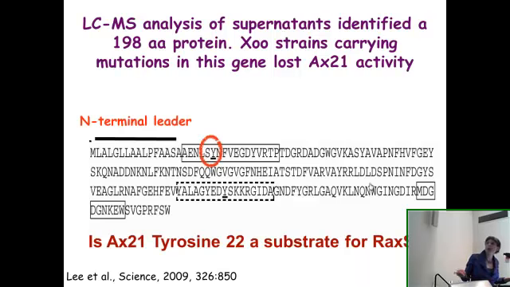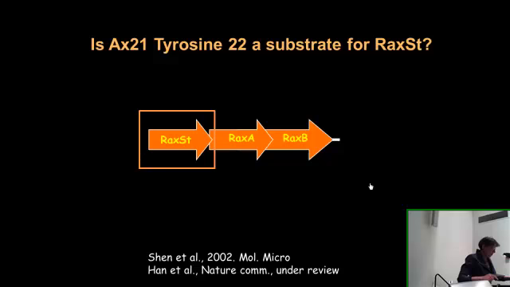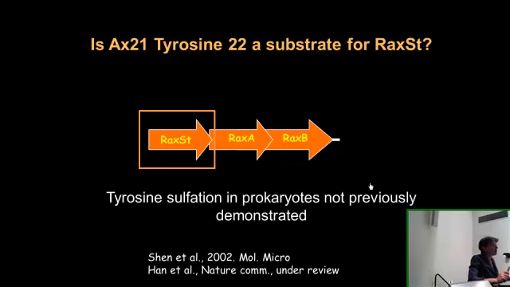And we thought, well, perhaps this tyrosine is a substrate for RaxST, which was in the same operon as the secretion components. Now, we were unsure at first because tyrosine sulfation in prokaryotes had not previously been demonstrated.